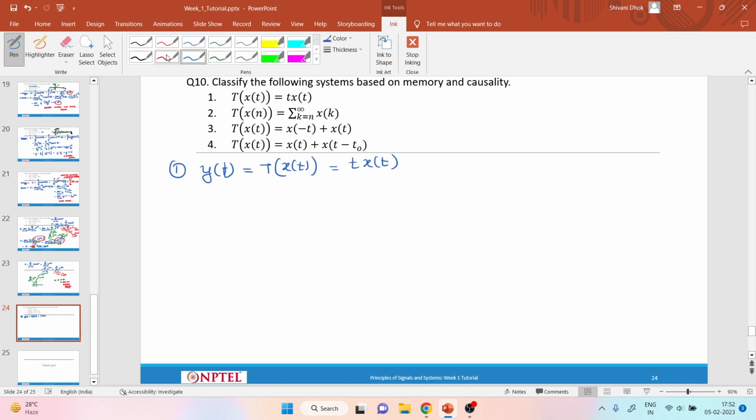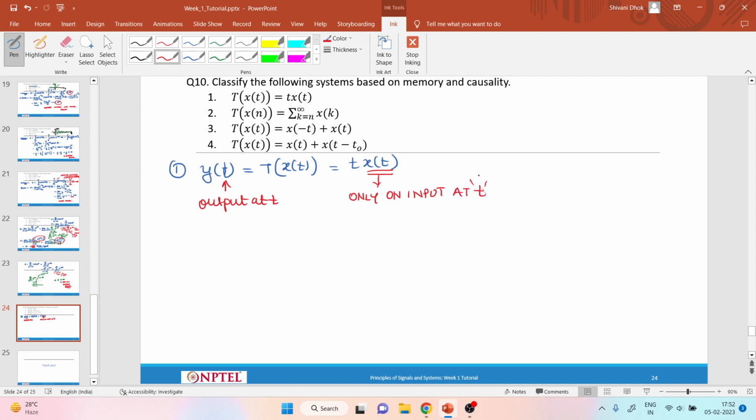So I'm observing output at t, and the output depends only on the input x of t at t.